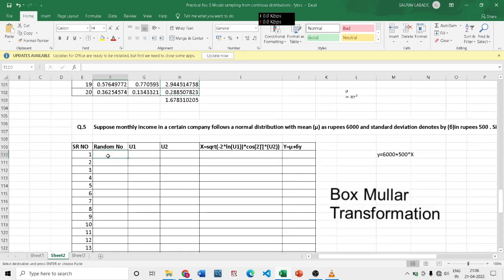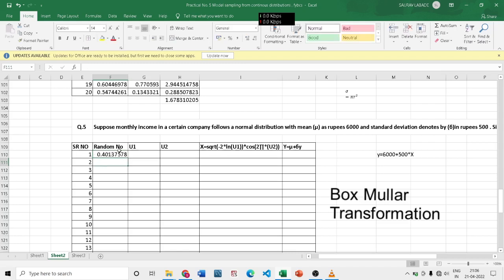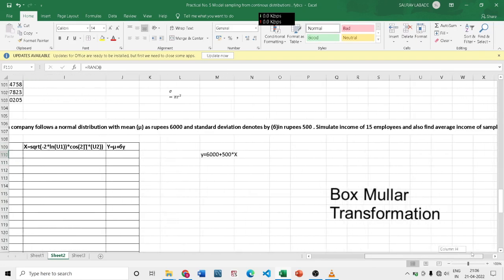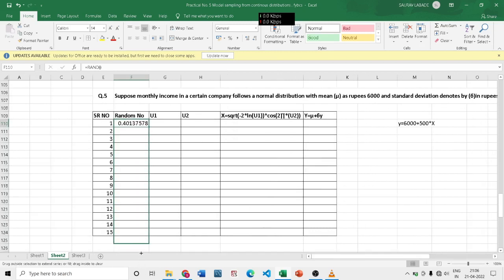Firstly we generate all the random numbers using RAND, and just drag all that. How many observations are there? We have to simulate income of the 15 employees, so drag that and you will get all the random numbers.